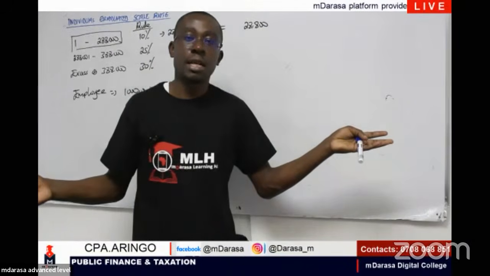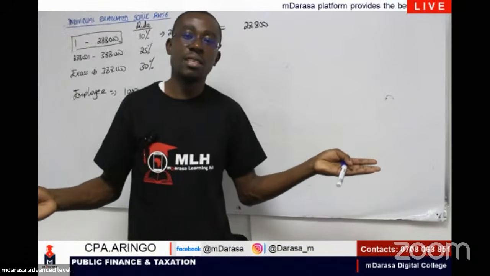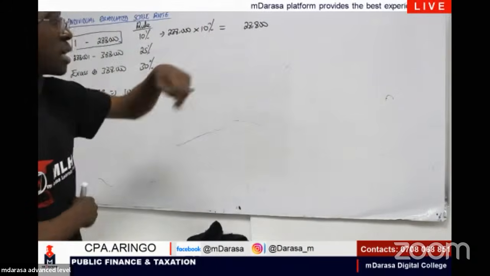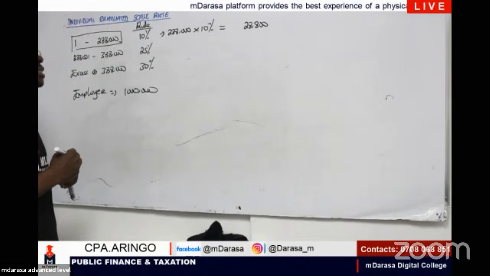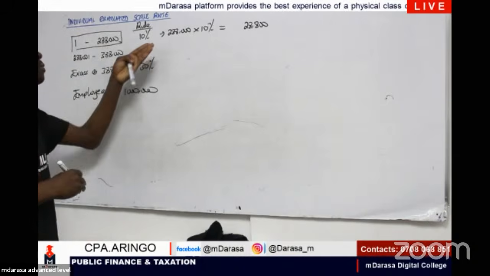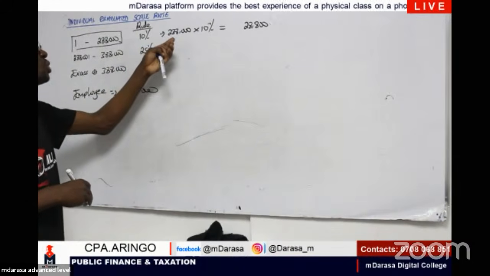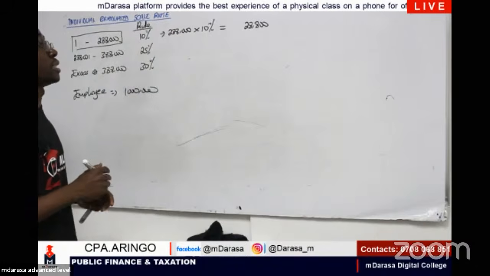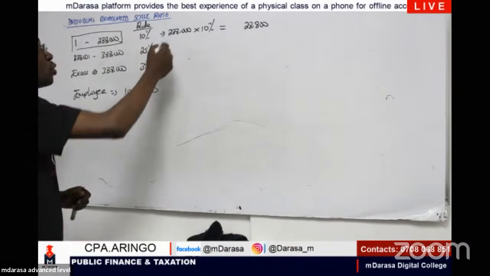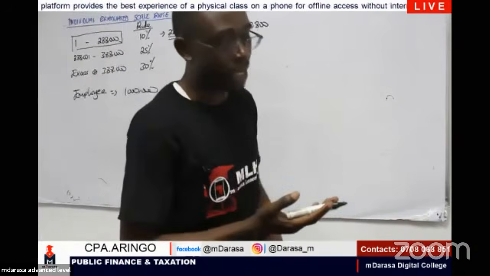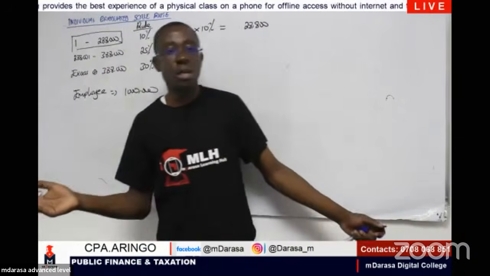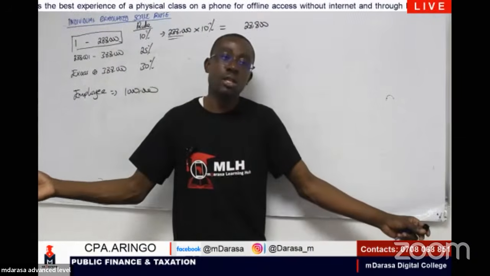And that's the reason why you'll find anyone earning below 28,800 won't be having any amount that you're going to tax that person. Simply because this person is below this, basically 288,000 annually. If I told you a person earning 288,000 annually, the pay will be 0. You won't be having anything to pay as tax.